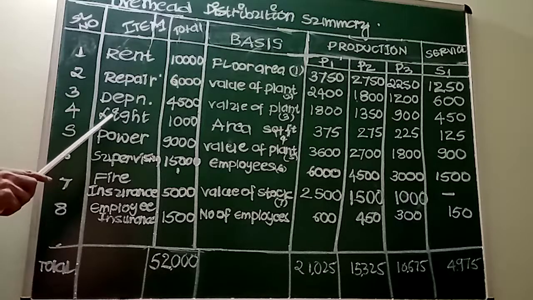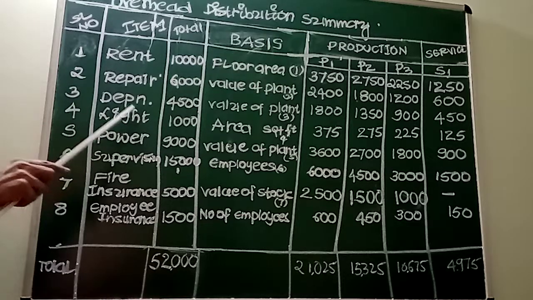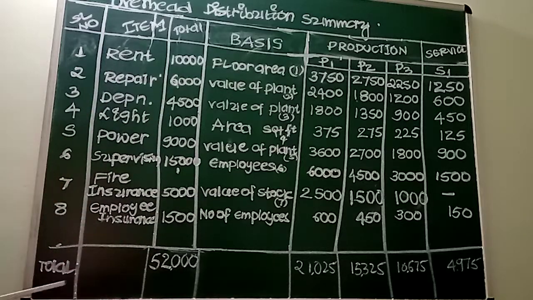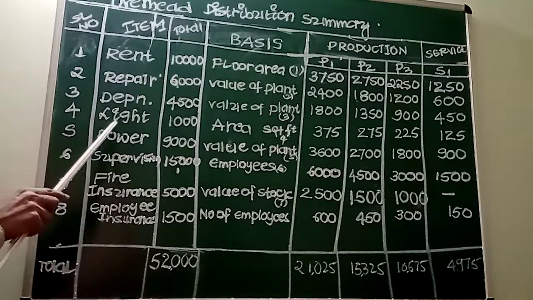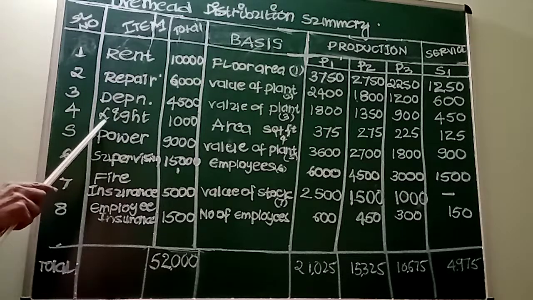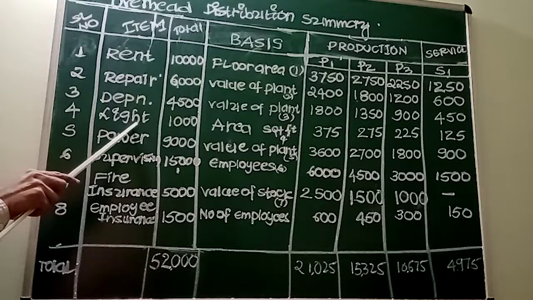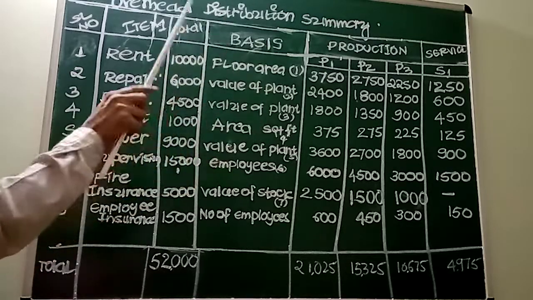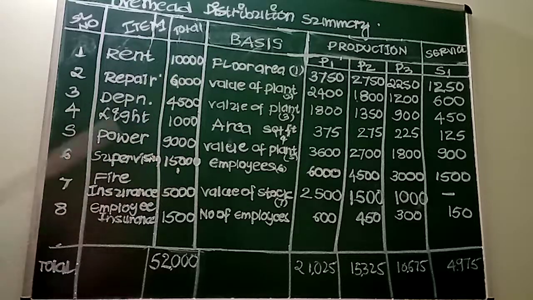Fourth important thing, light. See, in my earlier session, I had already told that lighting is always apportioned on the basis of light points. But in this problem, light points are not given. When the light points are not given, you must apportion it on the basis of area occupied in square feet, assuming that more area requires more lights.